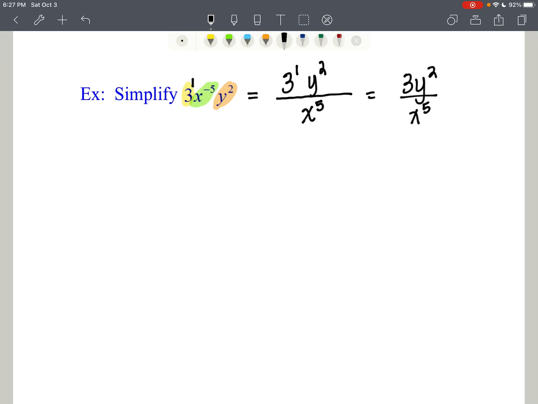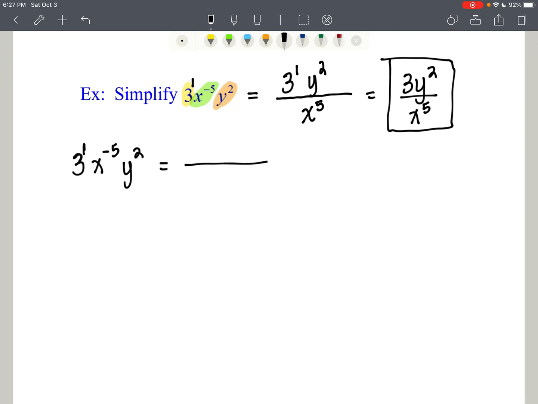So you're going to hear me say something like this. Given this problem, I might not even put the 1 there. I'm going to say, does 3 stay or go? Now, if I'm not sure, I might put the 1 there so that I can see that it's a positive exponent.